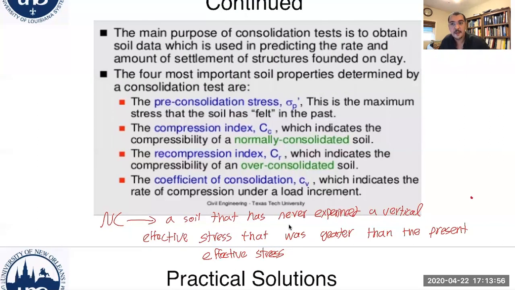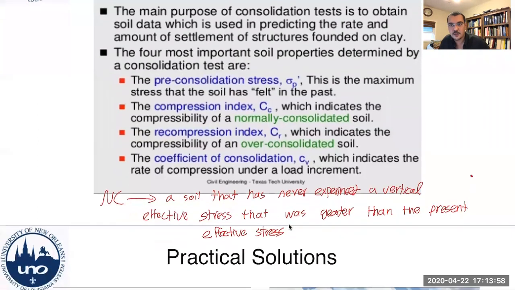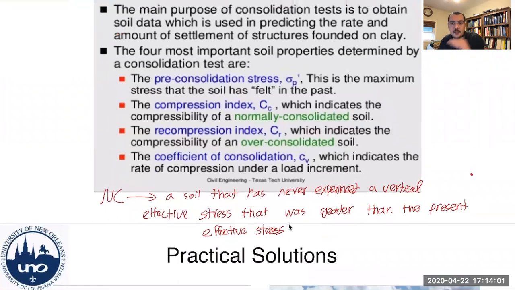So the soil never felt a stress on it that was higher than what it's feeling right now. Does that make sense?